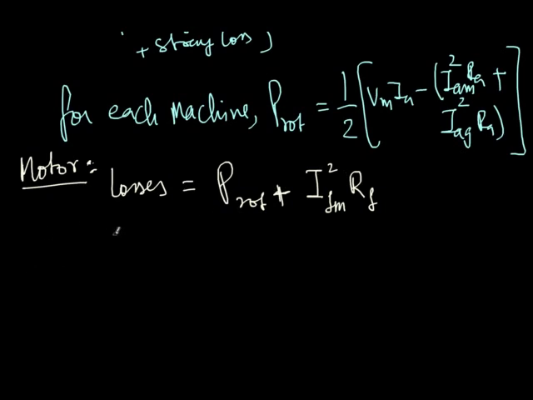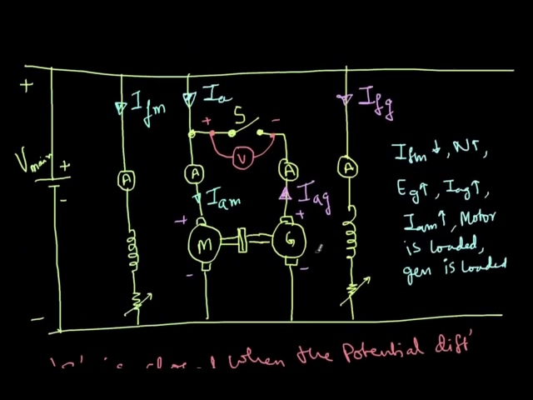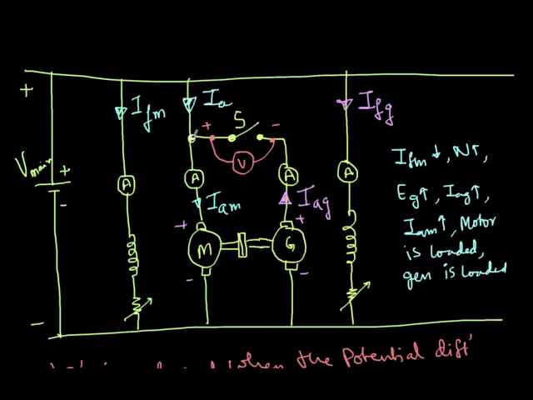And what is the total input to the motor? If I go back here, see the voltage at this point is also nothing but Vm because this point is exactly same as this point. So Vm multiplied by IAM is the total input going into the armature of the motor.